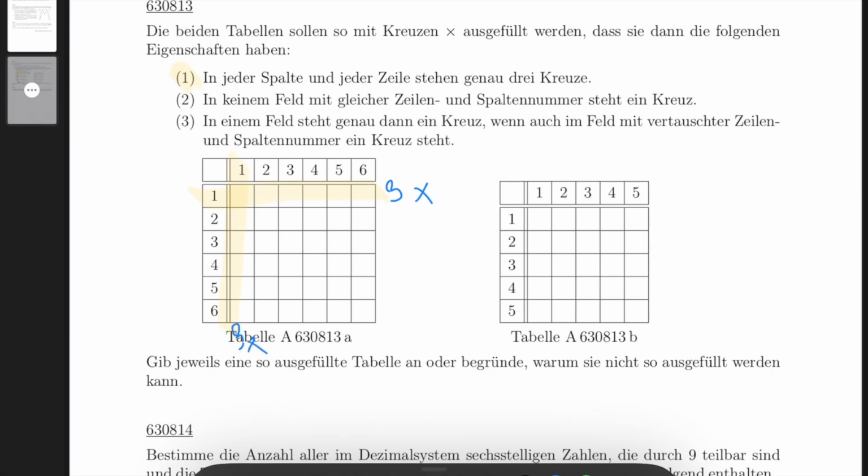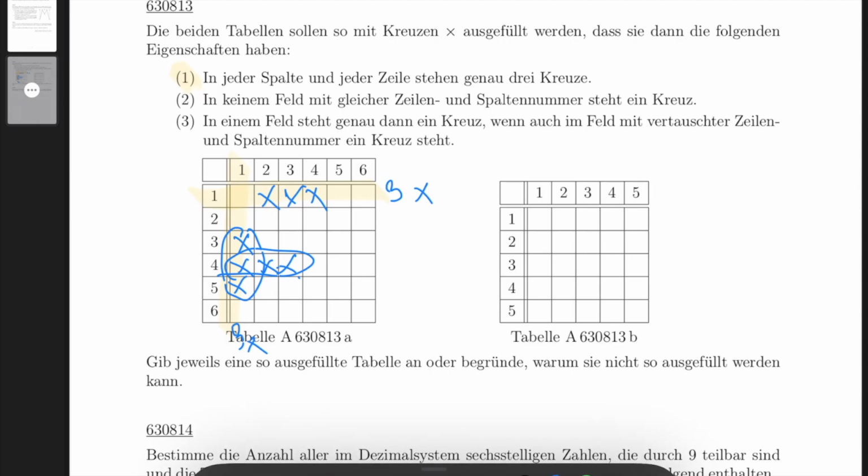So 3 here. It could be like this or like this, right? Or it could be like here. So in total, we have 3 per line, or 3 per row. That's good. That's what we know.